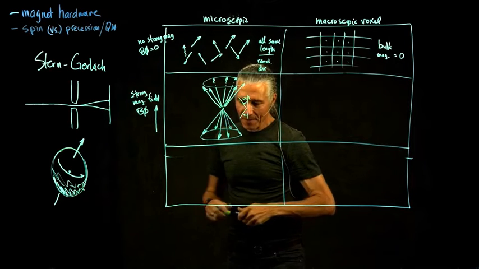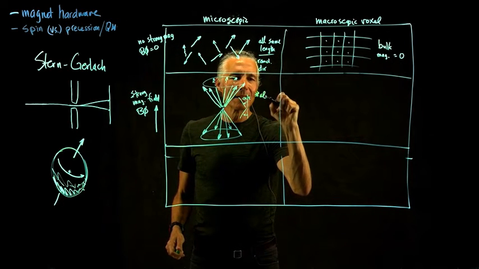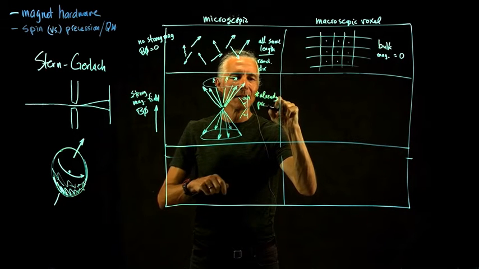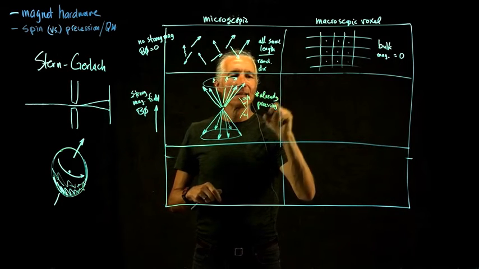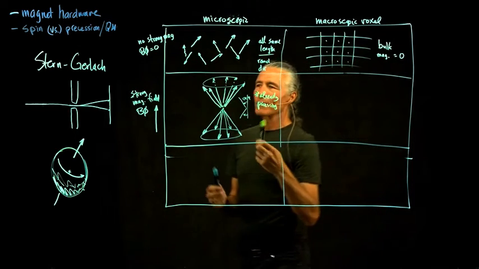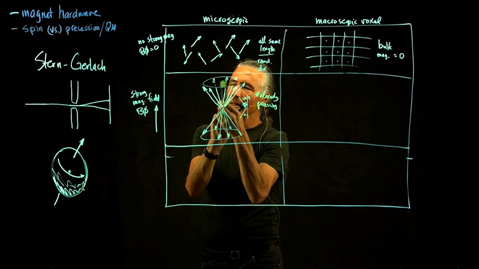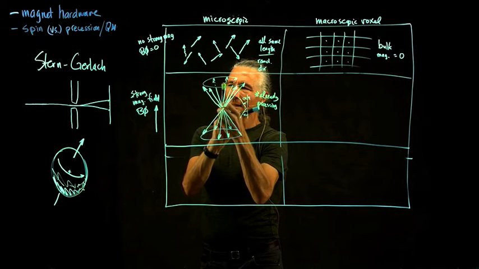Now, the thing is, they're already precessing. But they're all disorganized. They're all precessing in different directions, or rather, different spacings along the circle.